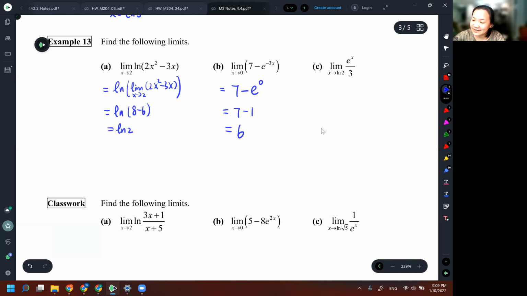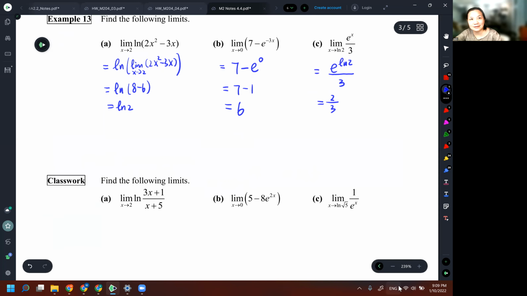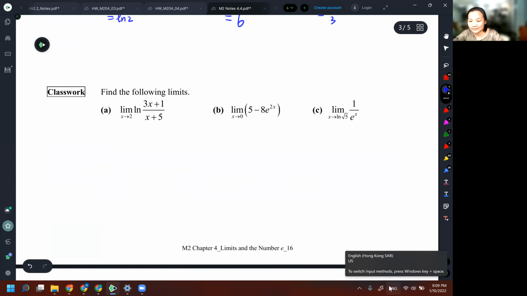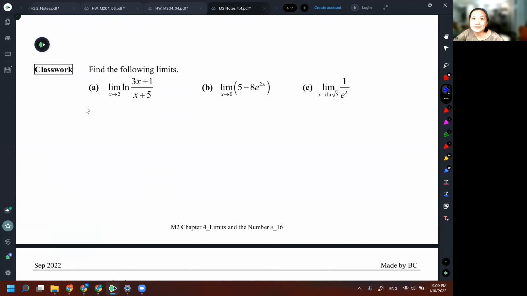So this one is e to the power log 2/3, so 2/3. I think the easiest limit that you can imagine is a continuous function. Figure this out and tell me the answer.